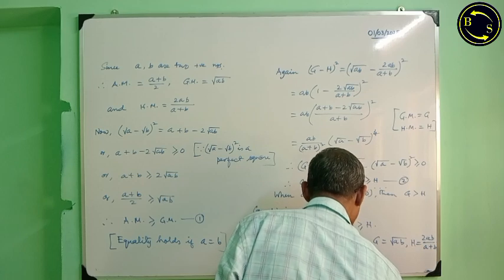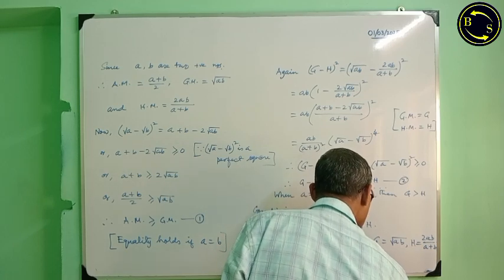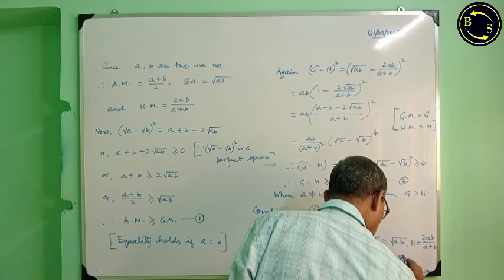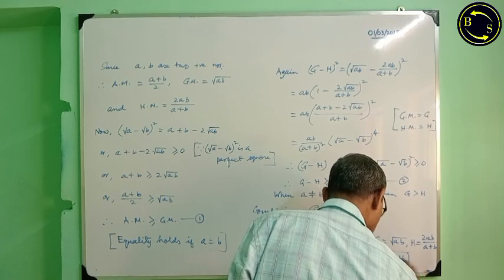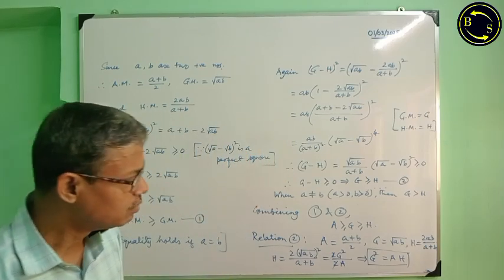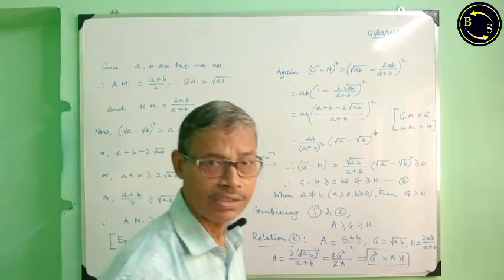Therefore finally we get G square equal to AH. This is also another relation, G square equal to AH.